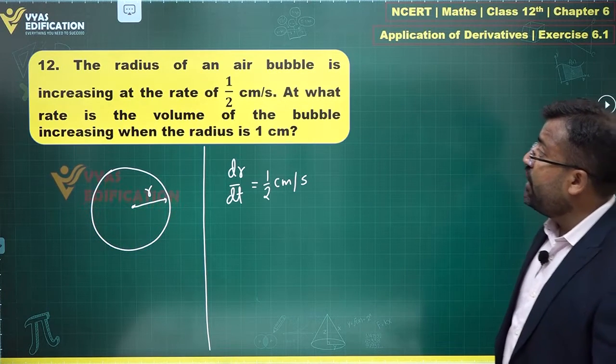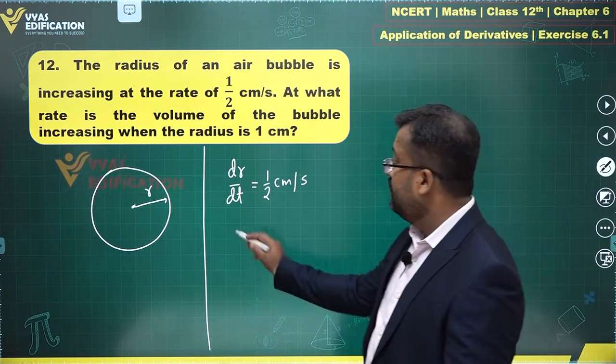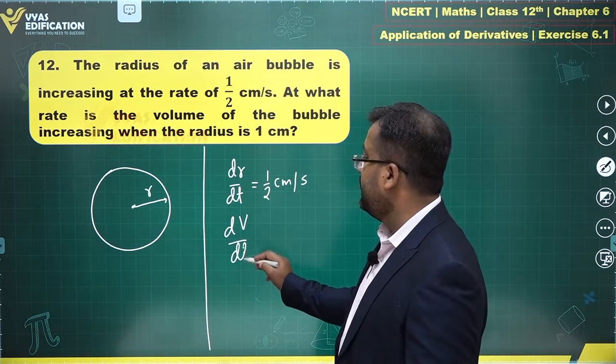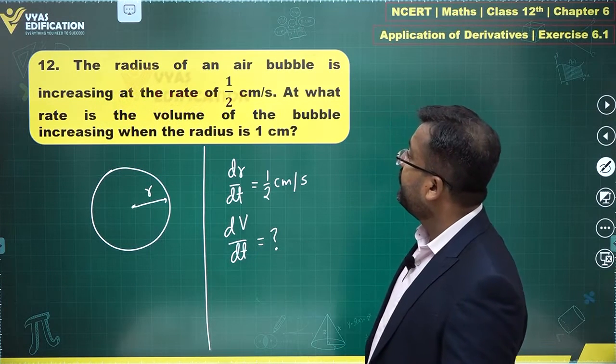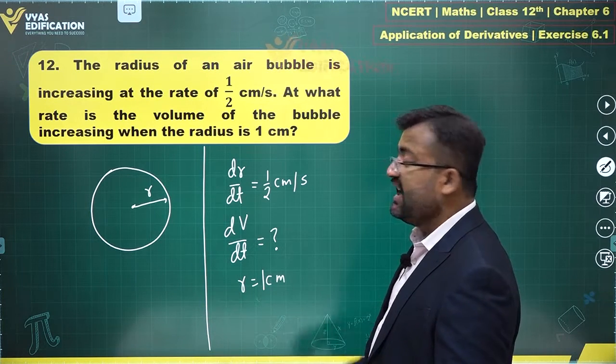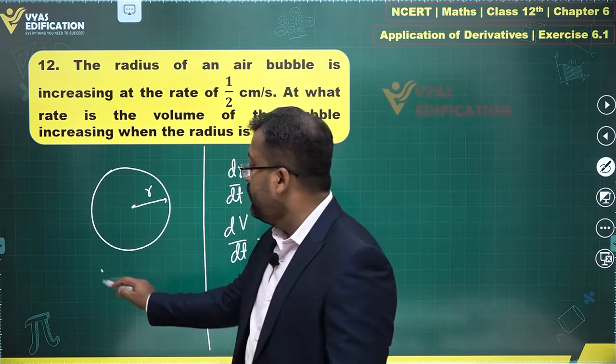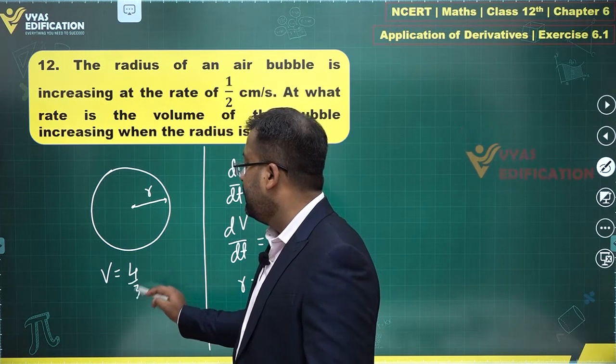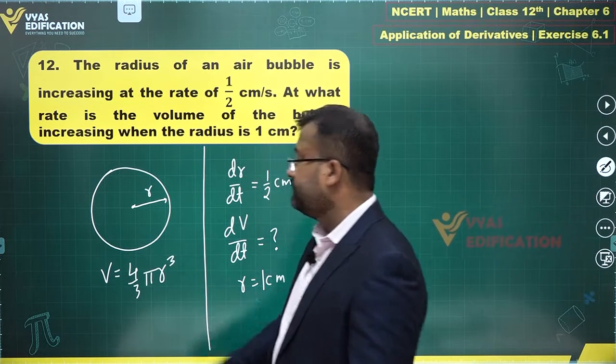At what rate is the volume of the bubble increasing? So dV by dt is equal to question mark, when the radius is 1 centimeter, at r equals 1 centimeter. So what is the volume of this bubble? This is 4 by 3 pi r power 3.